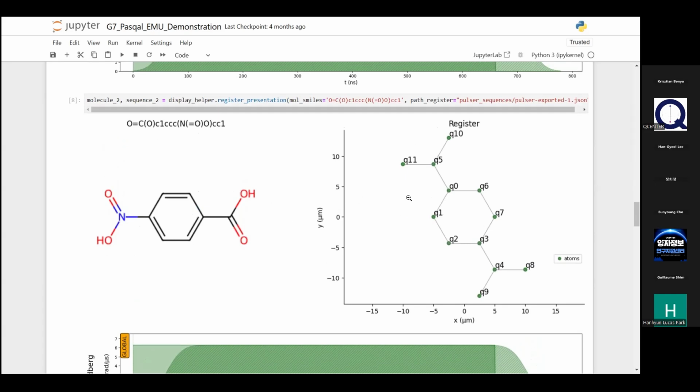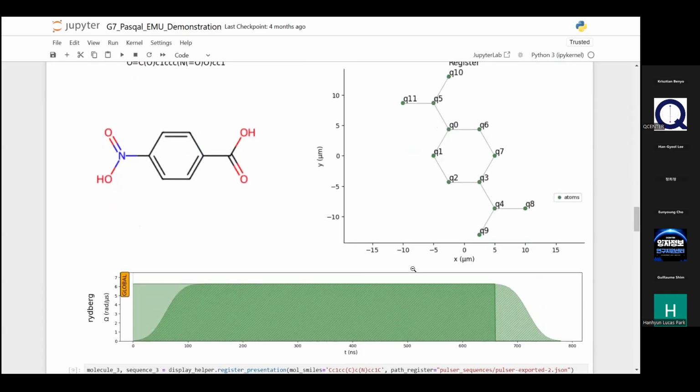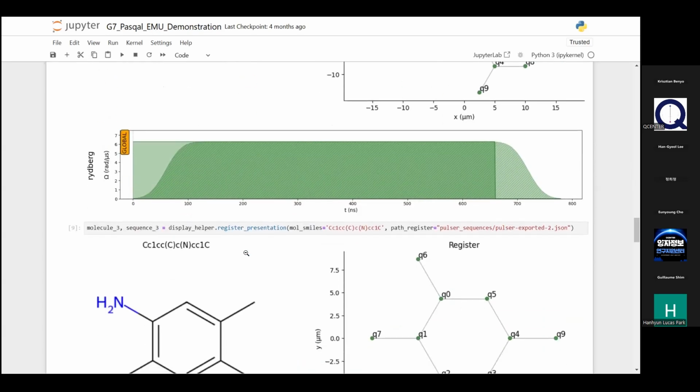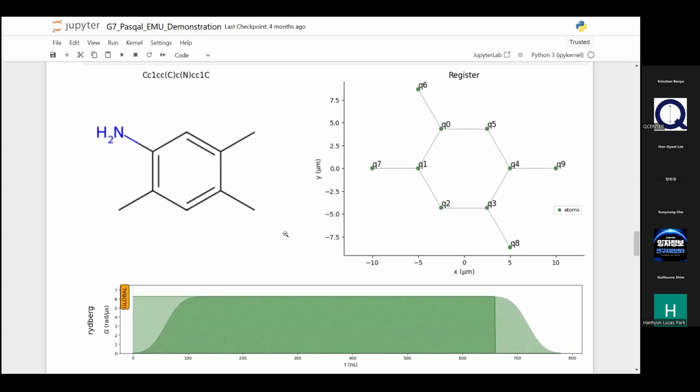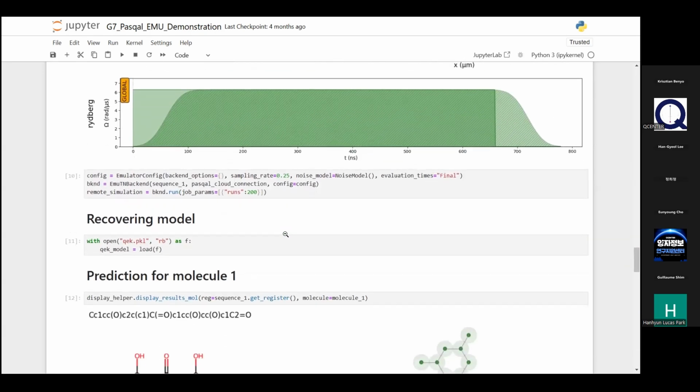So we encode the second molecule and expose it to a similar experiment to instill excitation between the atoms, to capture the connections, to have some kind of representative of the graph structure of the molecular geometry of the molecule itself. Similarly, for the third molecule, we create the atomic register and extract information from it.